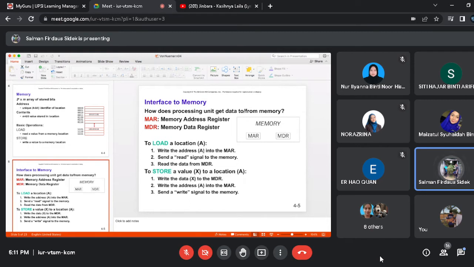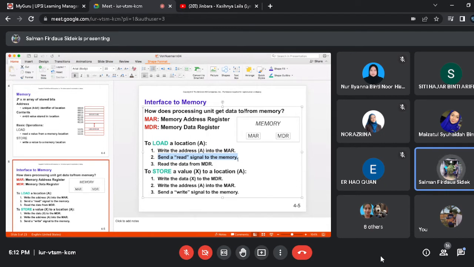So when this signal is sent to the memory, the data of the location A will be registered in the MDR, and then read means send the data from MDR to CPU. So don't be confused. Read signal means the control unit reads the data from memory.